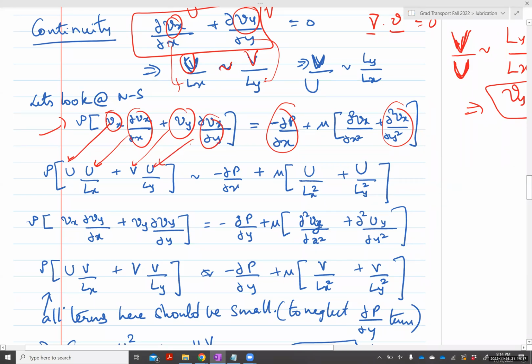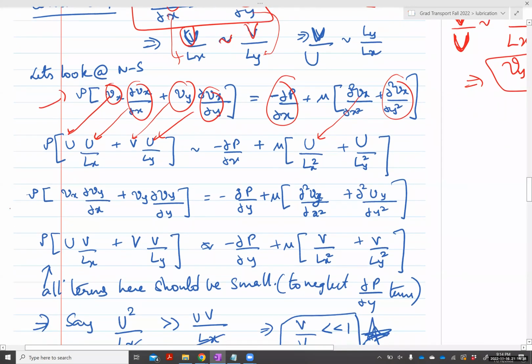What is ∂²Vx/∂x²? Vx is U, divided by Lx squared. ∂²Vx/∂y² is nothing but U divided by Ly squared. So these are all the different terms.